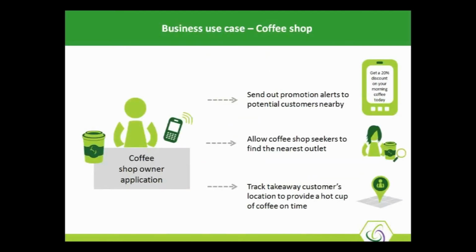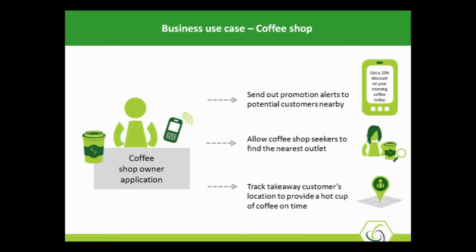Okay, just to recap and see how we can enhance our coffee shop application using the location-based APIs. Our coffee shop owner can send out promotional alerts to potential customers nearby because he knows the location. And then the customers of the coffee shop can find the nearest outlet.